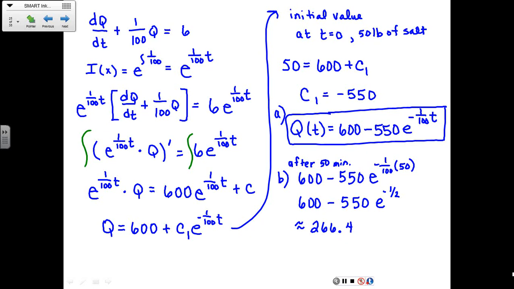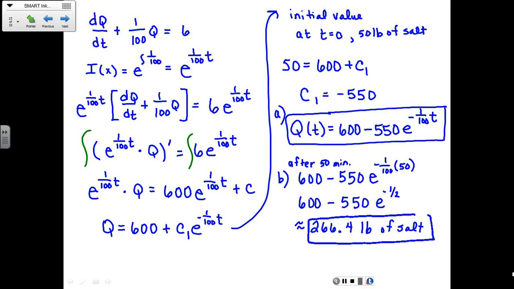How are you going to answer in units here? Pounds of salt in the tank at 50 minutes of pumping.